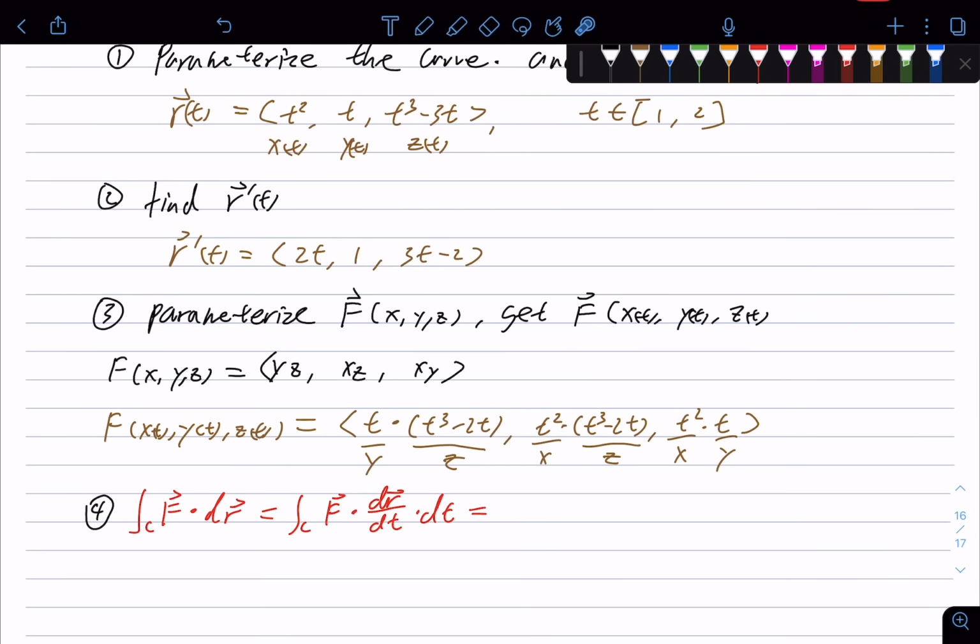We also have that, so we're just gonna go ahead and plug everything in and compute the line integral.